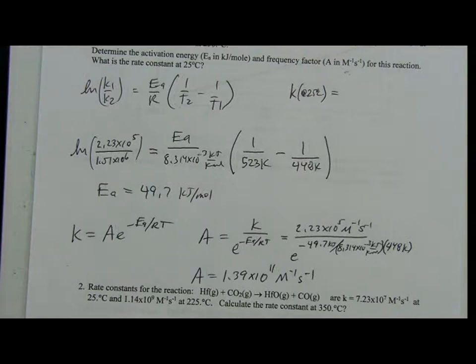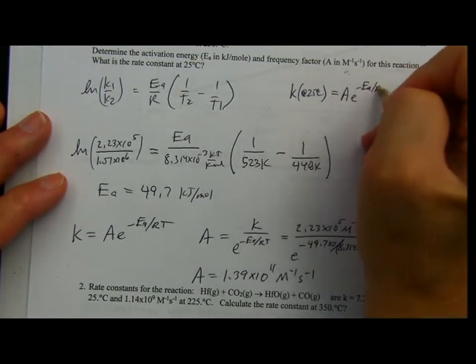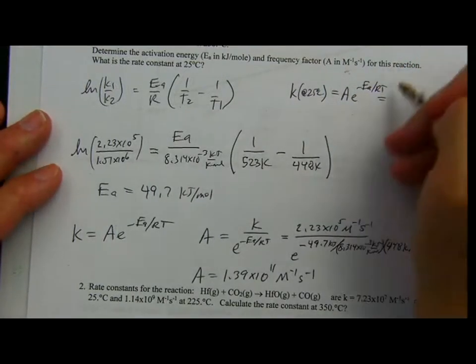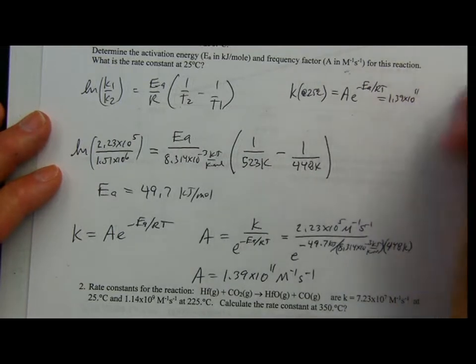Let's do it the easy way. A e to the minus E sub a over RT. All right, so we would put 1.39 times 10 to the 11th e to the minus 49.7 divided by 8.314 times 10 to the minus 3 and 298 now.